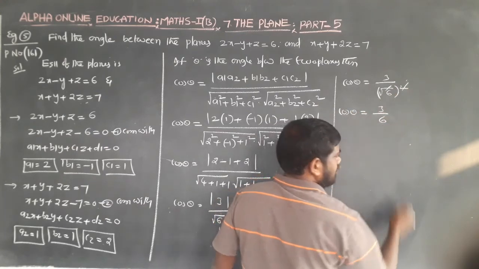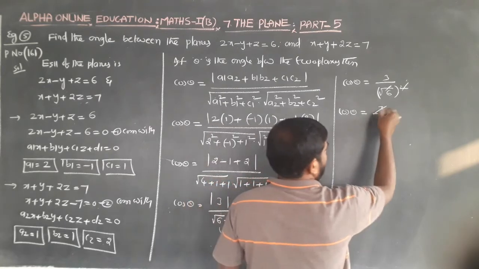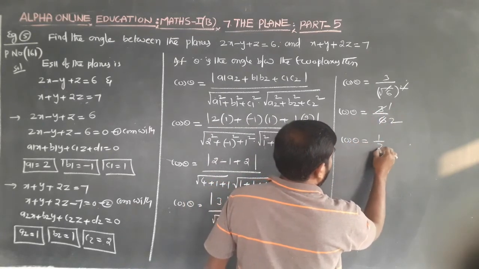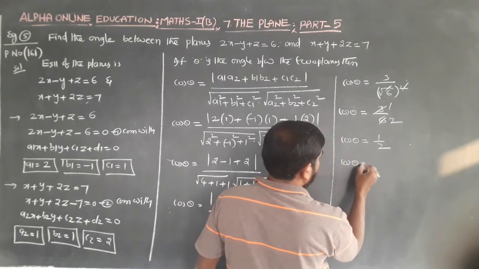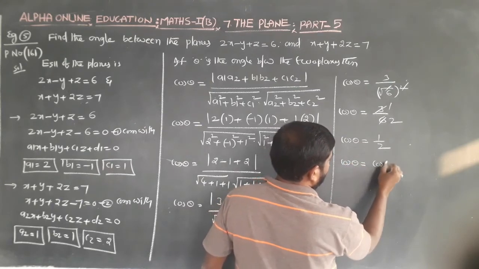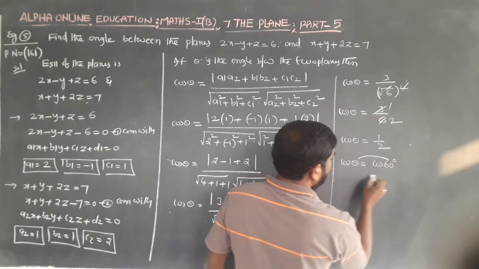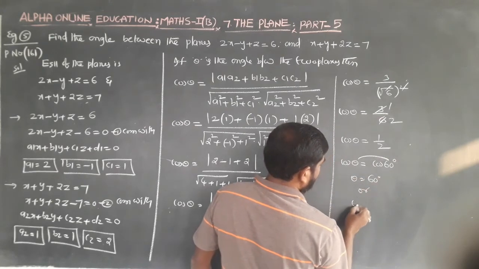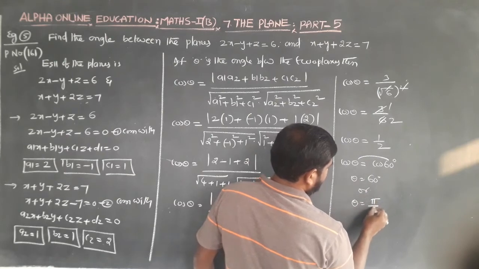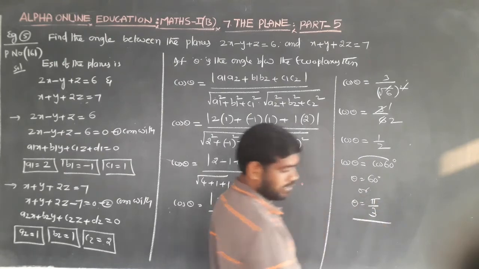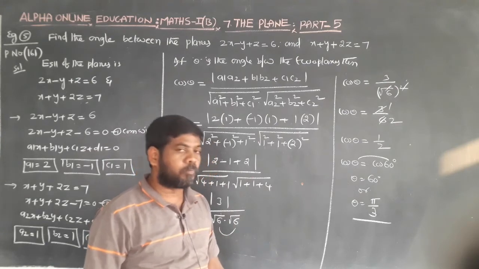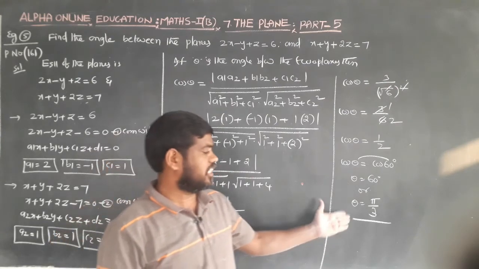Cos theta is equal to 3 by 6, 3 1s are 3, 3 2s are 6, cos theta is equal to 1 by 2, means cos 60 degrees, so theta is equal to 60 degrees or theta is equal to pi by 3 radians. The angle between the two planes is 60 degrees.